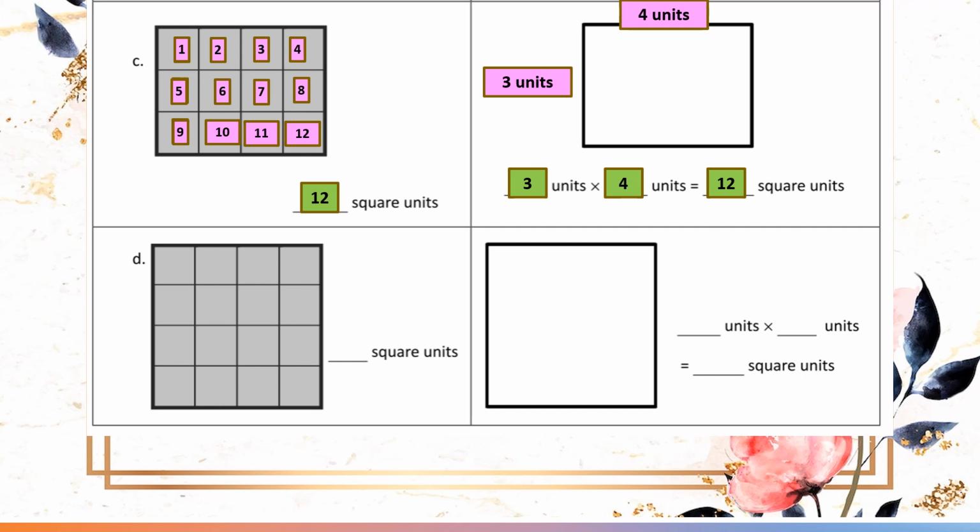So let's go ahead and start with my length. 1, 2, 3, 4. So that means my length is 4 units. Go ahead and label that.